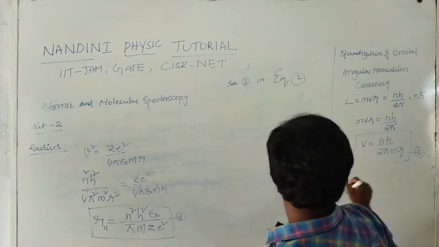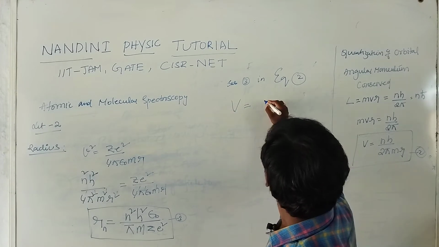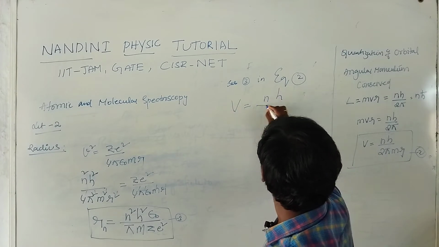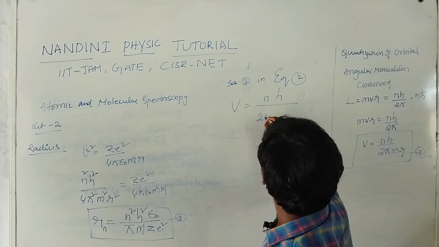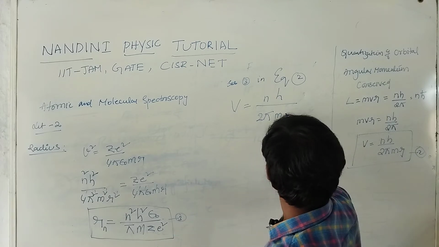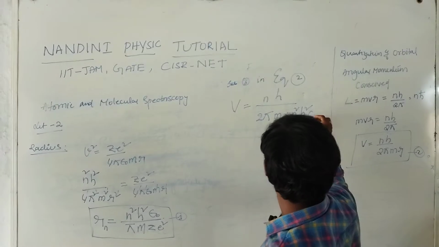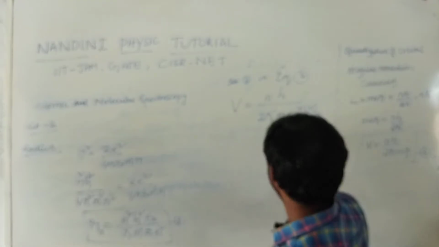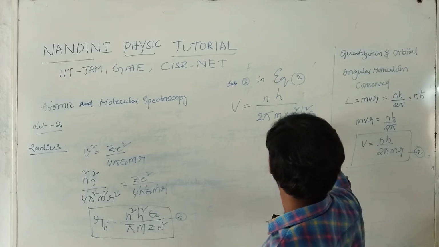Then velocity v is equal to nh divided by 2 pi m, times the r value, which is n square h square epsilon naught divided by pi m z e square.